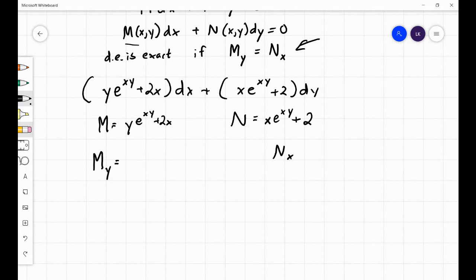So let's differentiate m with respect to y. And here differentiate n with respect to x. And indeed we see that these are equal. So we have an exact differential equation.